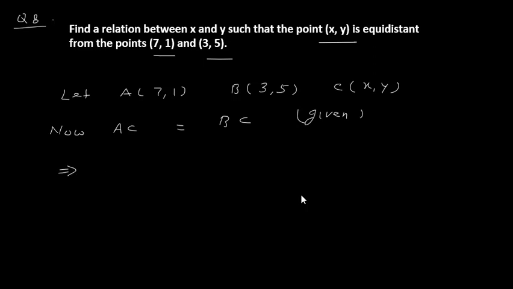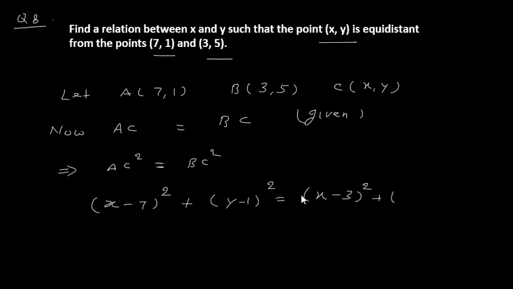So this will give us AC square is equal to BC square. Now AC square: the coordinate of C is (x, y), so it is (x minus 7) the whole square plus (y minus 1) the whole square is equal to (x minus 3) the whole square plus (y minus 5) the whole square.